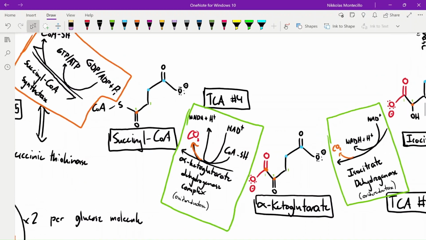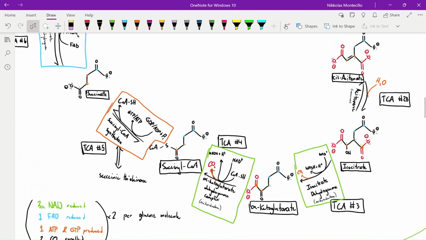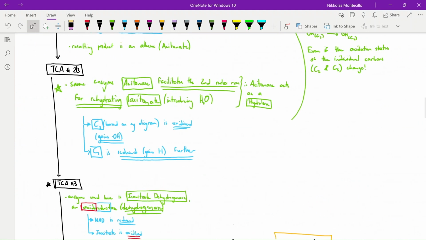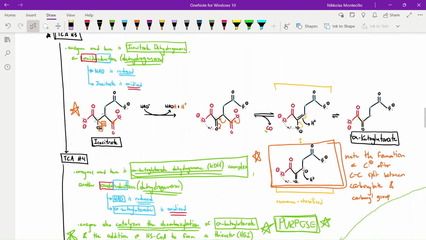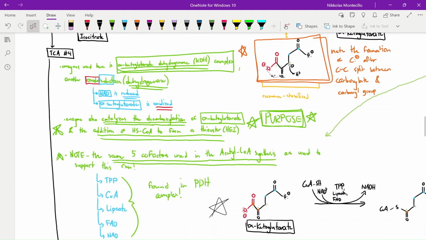So if you notice this reaction here for the citric acid cycle for TCA4, it's very similar to the pyruvate dehydrogenase complex. So it's very similar to the synthesis of acetyl-CoA as we saw earlier with pyruvate. So we can assume that all 5 of these cofactors are utilized, except for FAD.